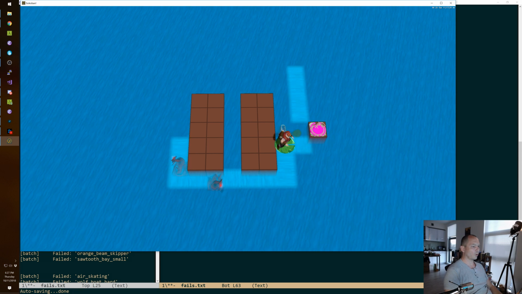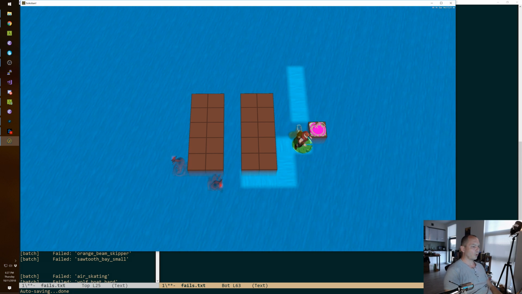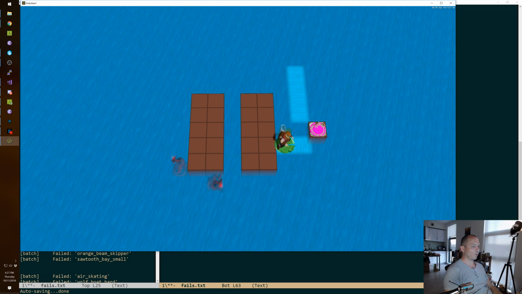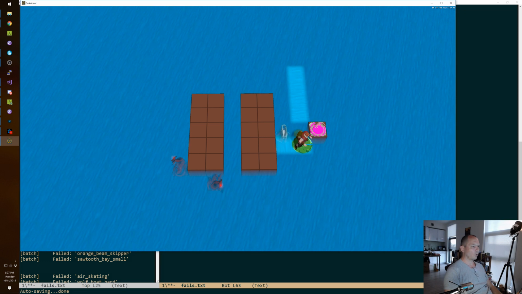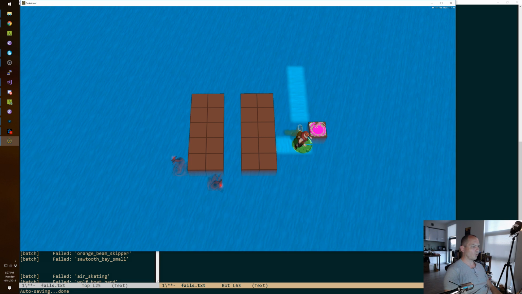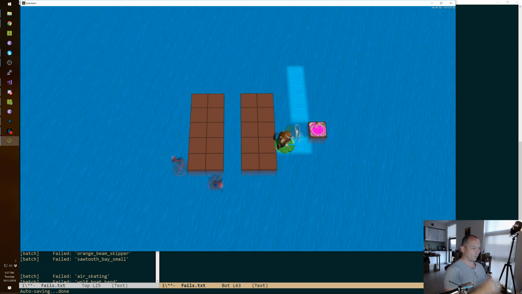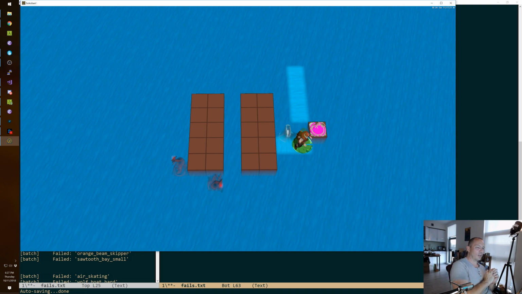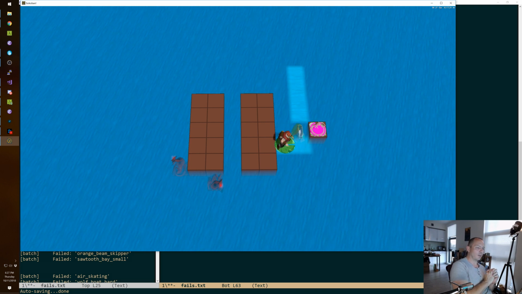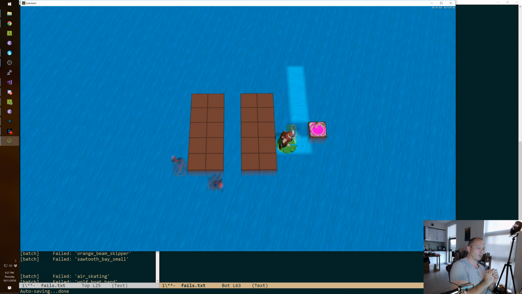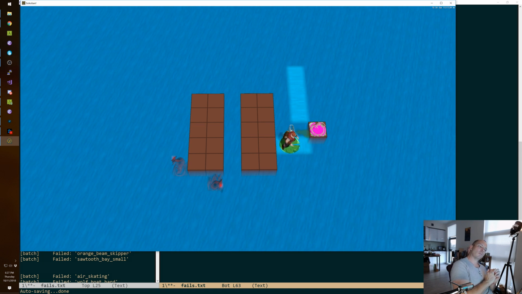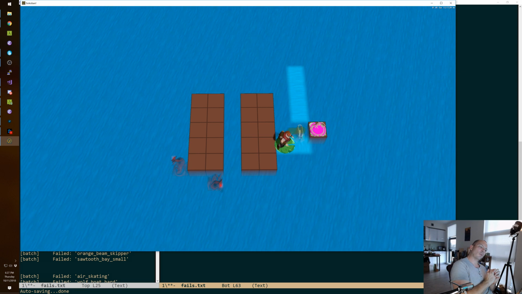Oh. Well, also, though, rovers should drown if they're underwater. So he's blocking the river now. He moved into the river and blocked it. So we want them to stop moving.